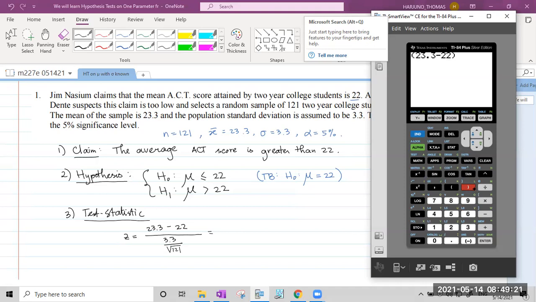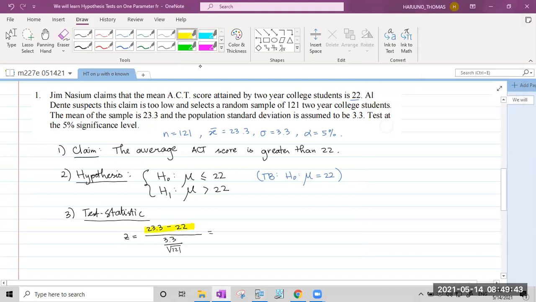Divided by the denominator, use parentheses again: 3.3 divided by square root of 121, close parentheses. So the numerator divided by the denominator. Make sure you use parentheses here and there, and we get 4.33333.